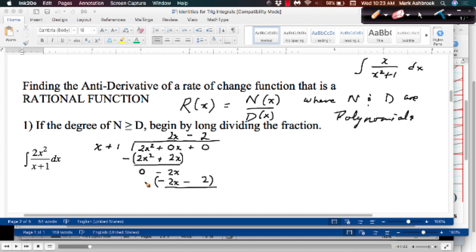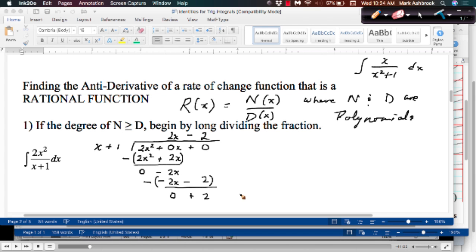I'm going to subtract. And if I did this right, that'll be 0. That's what I wanted. That's why I picked minus 2. So that when I subtract, I get 0. And then minus 2, this is going to be plus 2, right? Minus a negative 2, that's plus 2.